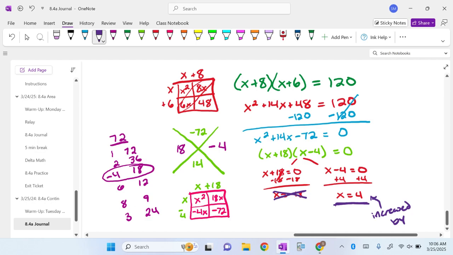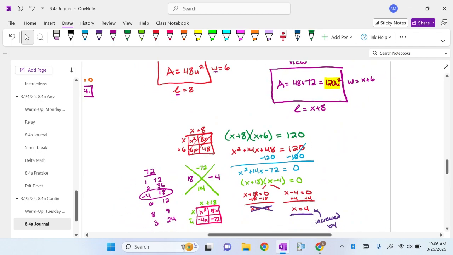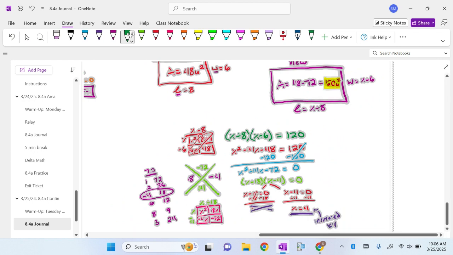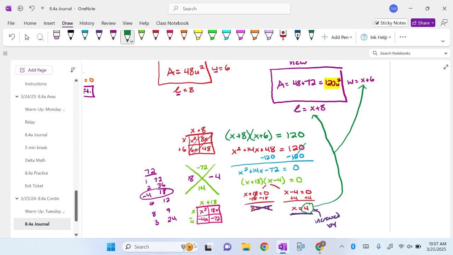Now, that's not my answer, because what did the problem ask me to find? Find the dimensions of the new rectangle. So what do I need to do with that 4? I'm going to take this 4 and plug it in for both x's.